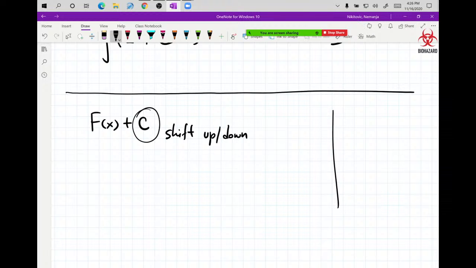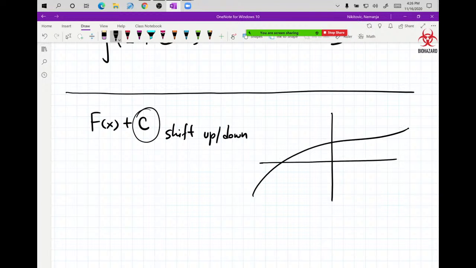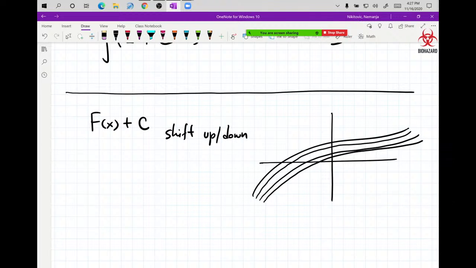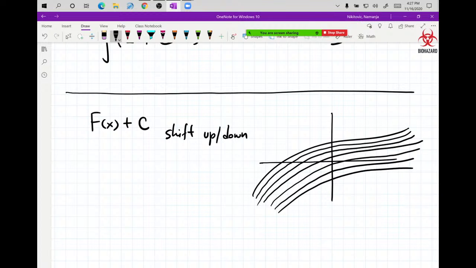So if you are to have some kind of function there, then you're going to have infinitely many of these curves like this, and they're actually filling up every single speck of space in here, because they're all stacked one on top of the other, like this.